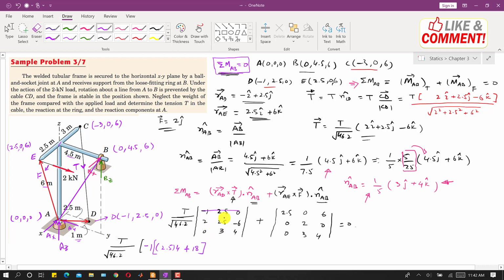Now we will hide this column and take the determinant of this, and this is 2.5. With 2.5 we will write minus, this is the determinant method, minus 2.5, and 2 multiplied by 4 is 8, right? So it is 8, and this is minus 0, right?